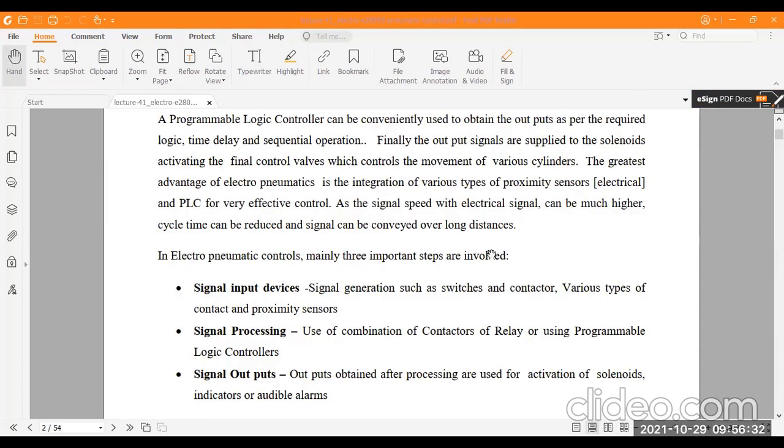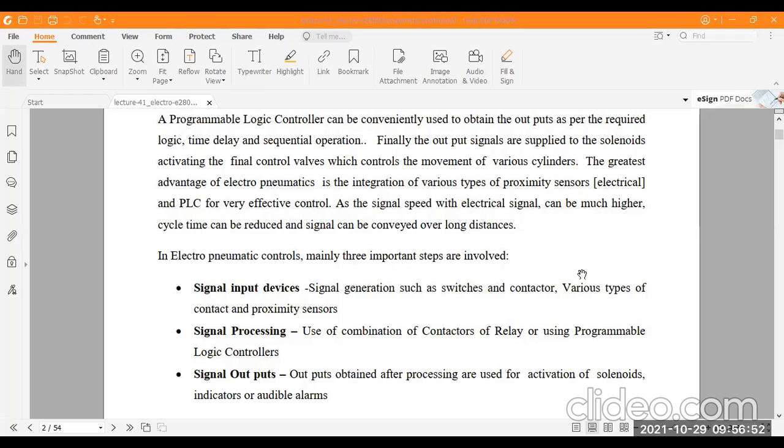So this pneumatic controller part, we have to use it for long distance areas where the process or plant is far from the control rooms. So we have to use this pneumatic controller valve over a long distance.